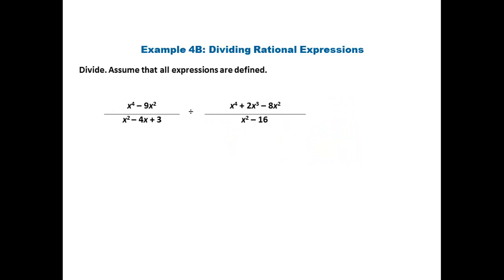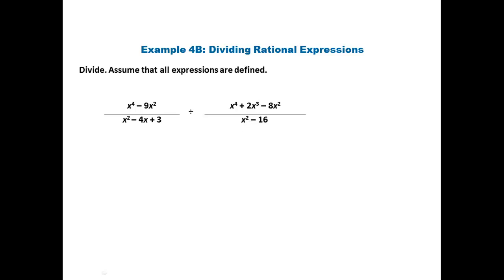Alright, here is the last one. There's a lot to this one. So what I want you guys to do, you're going to rewrite it as multiplication by multiplying by the reciprocal. There's a lot of factoring.